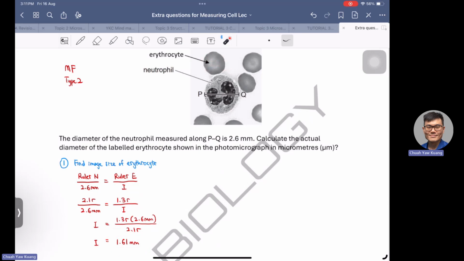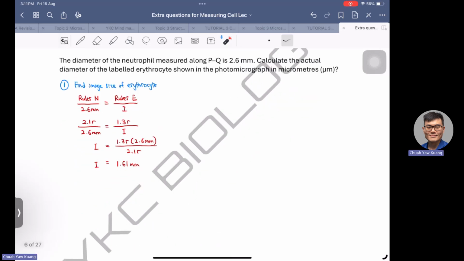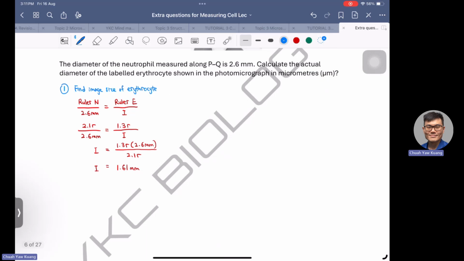Next, I will just substitute that into the magnification formula so that I can get the actual size of this electrocyte. So for step number 2, once we get the image size, now we can find the actual size. The formula is magnification equals image over actual.